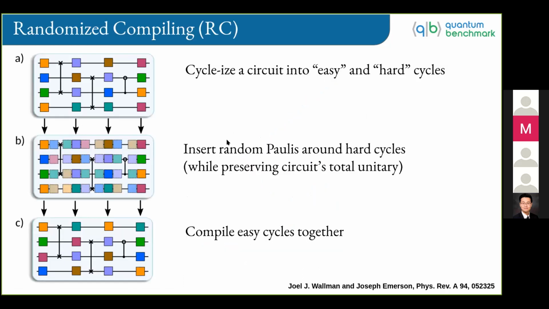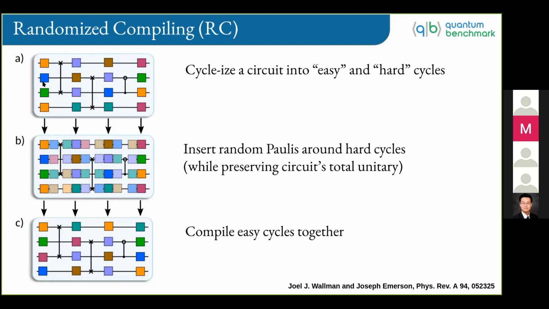So how do we twirl in practice? Well, there's a protocol called Randomized Compiling, which was introduced, I guess, almost 5 years ago by Joel and Joe, the founders of my company. The process is you take an application circuit, it's up here on the top left, and you divide it into cycles of alternating types.